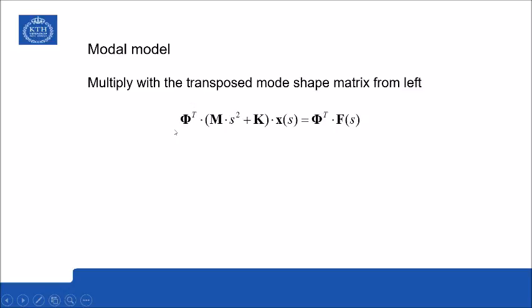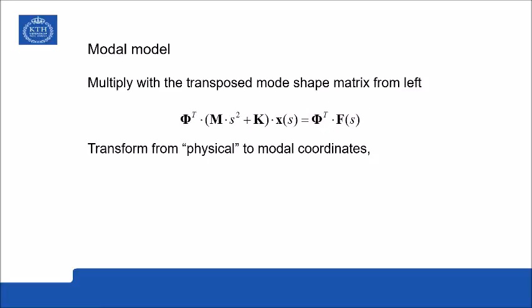And we get this system of equations. The right-hand side of this equation is denoted the modal force, that is the physical force Fs projected on the modal space by multiplication with this mode shape matrix.